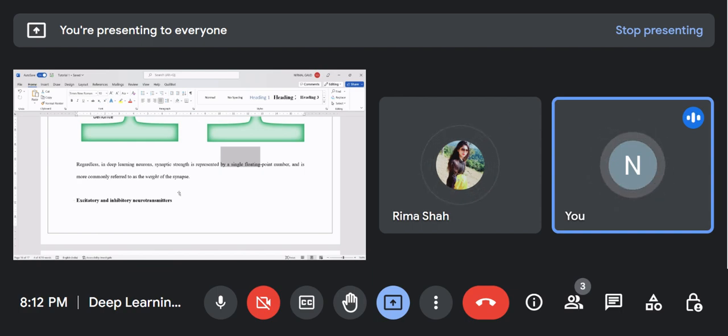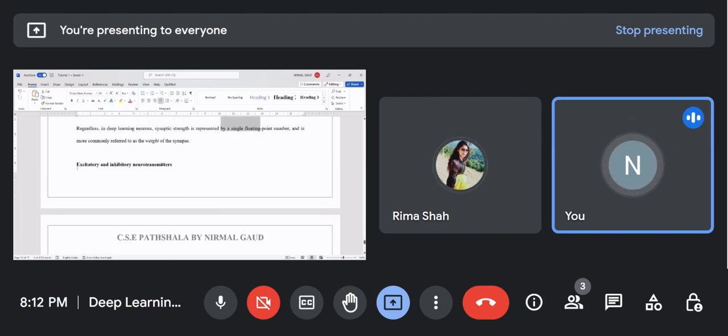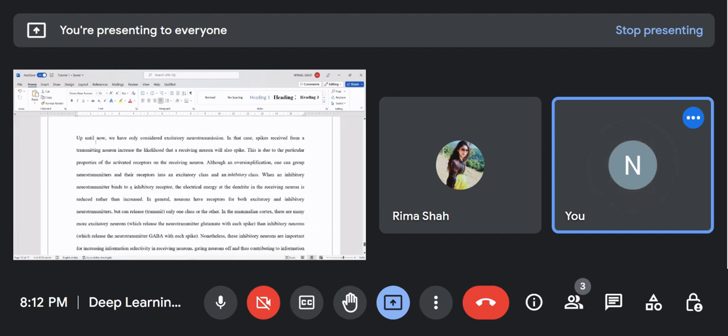Now, you understood about the rate and synaptic strength. The next thing is excitatory and inhibitory neurotransmitters. We have considered excitatory neurotransmission, that means from one neuron to another neuron.